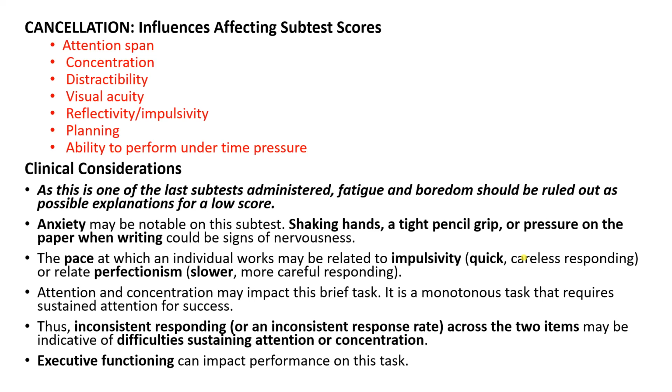On this test, keen observation may reflect the presence of anxiety, for example, shaking of hands, a tight pencil grip, or pressure on the paper while crossing or writing could be an indicator of nervousness and anxiety.